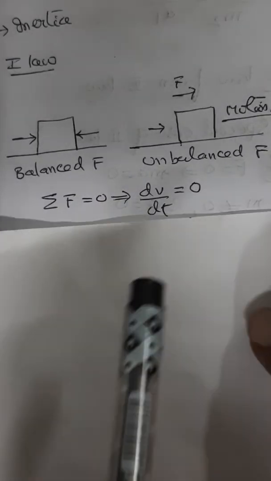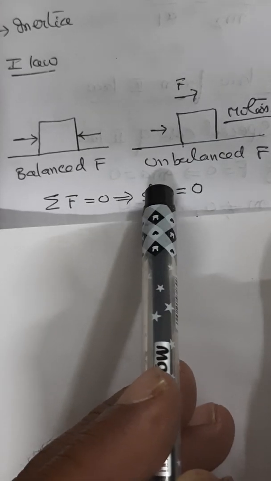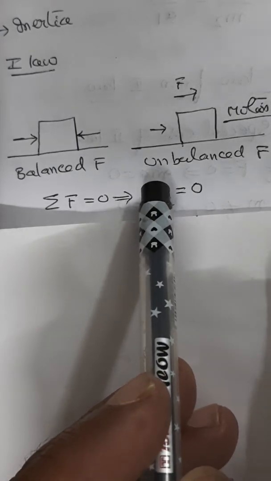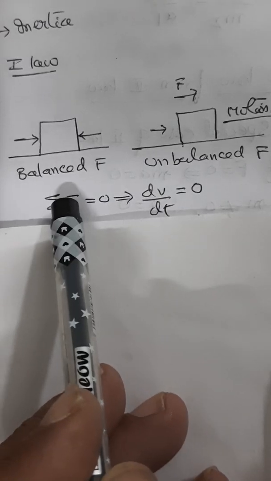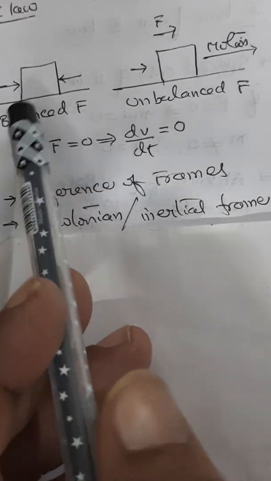Then dv/dt is 0. That means there is no acceleration. Here d/dt of v, where v is the velocity, is 0, so the velocity remains constant. When the velocity remains constant, its derivative is 0. Therefore, when you say sigma F equals 0, dv/dt is automatically 0. That means there is no force, and the body is at rest.